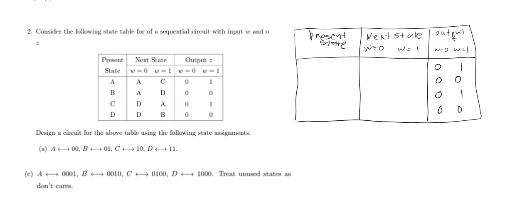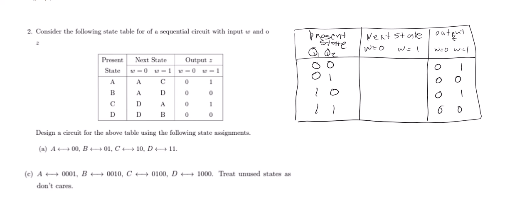And I'm going to label these Q1, Q2. So I was using Y earlier. I think the book uses Y. So Q1, Q2, so that's 0, 0, and B was 0, 1, and C is 1, 0, and D is 1, 1.